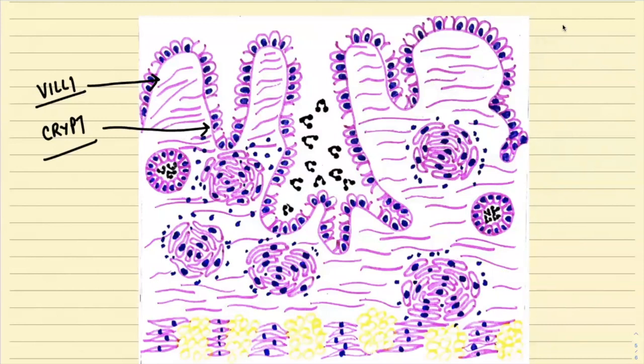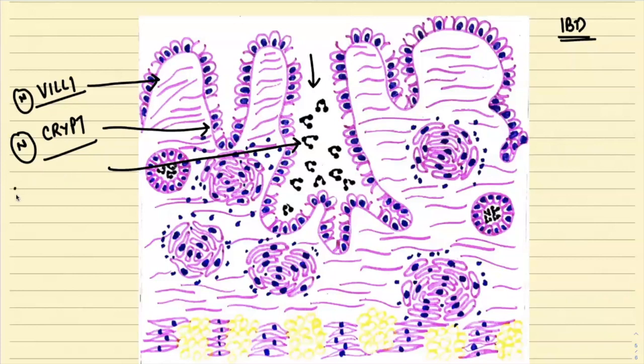This is one diagram of inflammatory bowel disease, and in the end, you will tell me which inflammatory bowel disease it is. So this is a crypt. This is a normal villus, and this is a normal crypt. Now, can you see at this particular point, this particular crypt? Is it looking like a normal crypt? What can you appreciate?